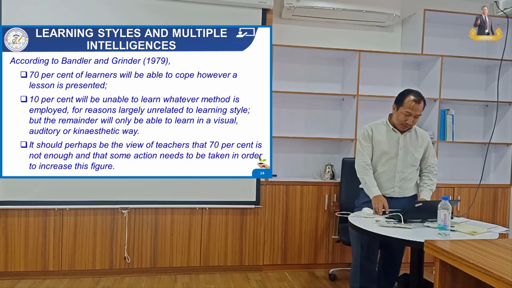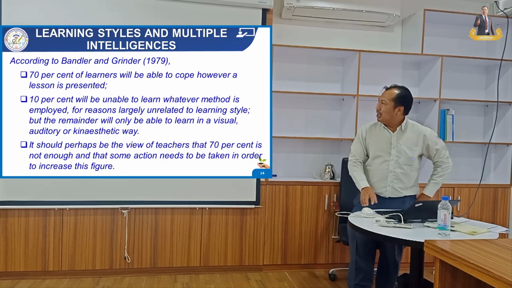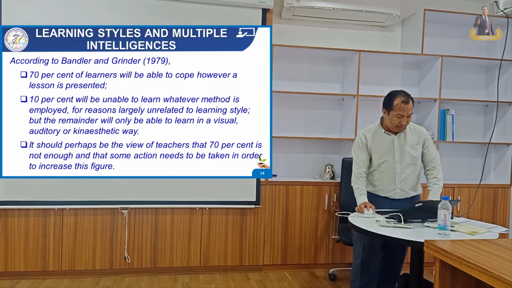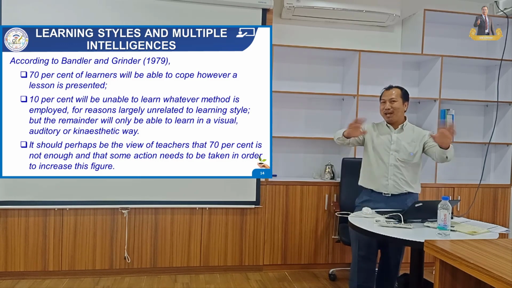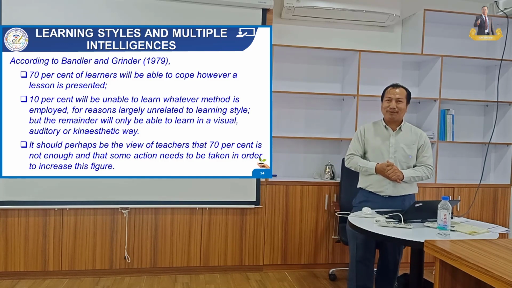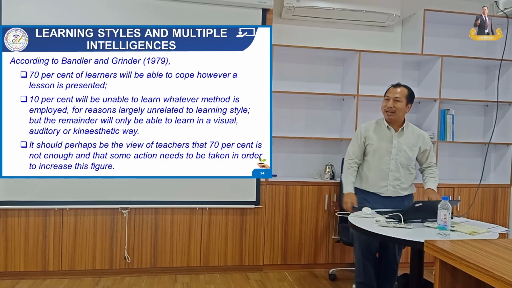Okay, let's move to the next one. According to Butler and Greener in 1979, they found that 70% of learners will be able to cope however the lesson is presented. They may have a preferred style, but even if you use pictures or whatever, they can get used to or adapt to that.